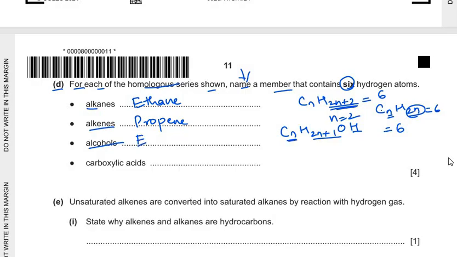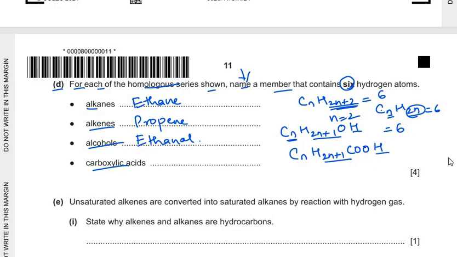So the answer is ethanol. Ethanol, that is an alcohol with 2 carbon atoms. Carboxylic acid, again it has a formula of CnH2n+1COOH. Now this should be equal to 6.